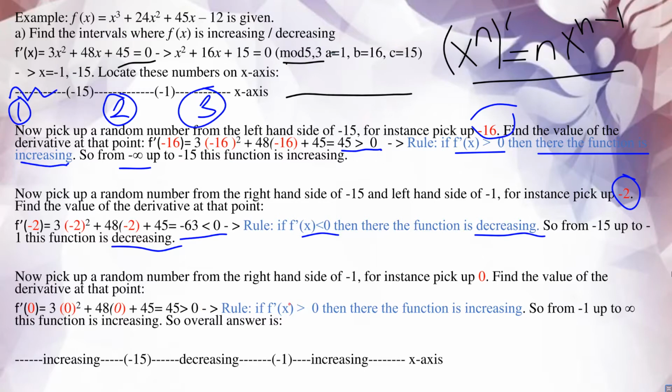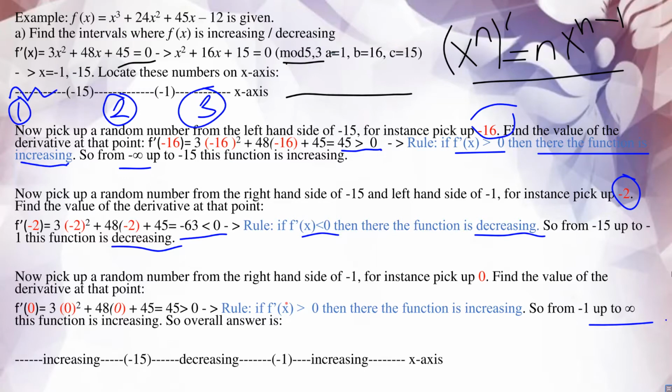Yes. So the same rule says, as it has already said in the first part of the question, the function should be increasing there because the derivative is greater than 0. Okay? So from minus 1 up to infinity, because there is no end of this line, this function is increasing.